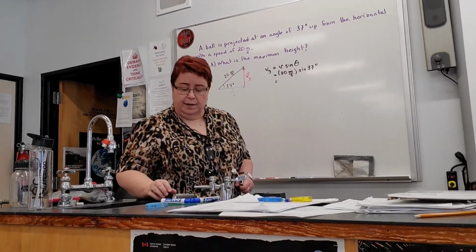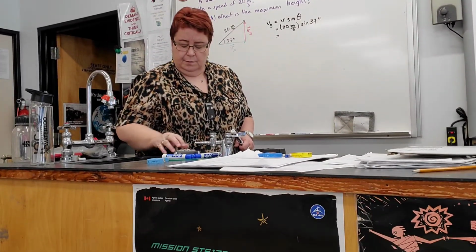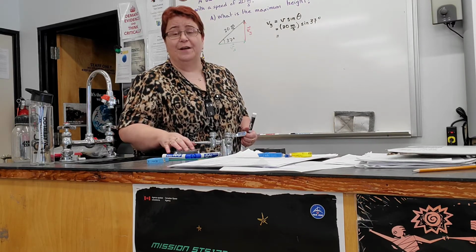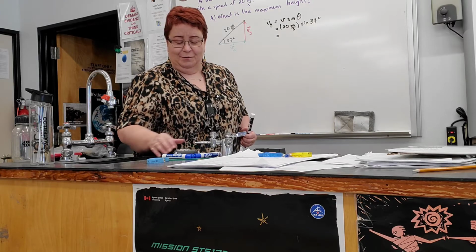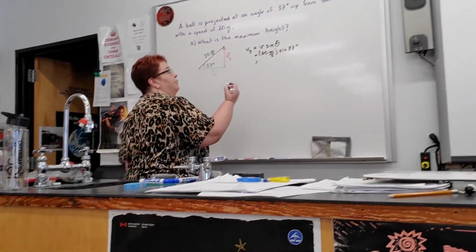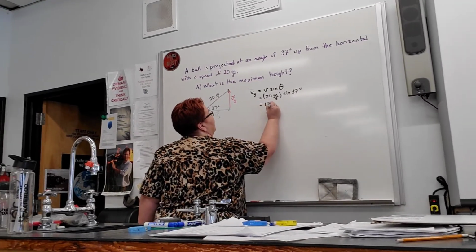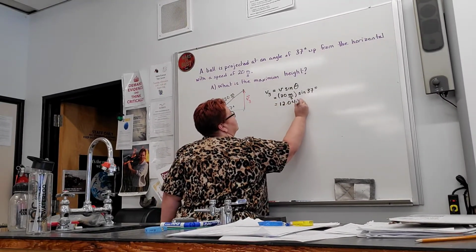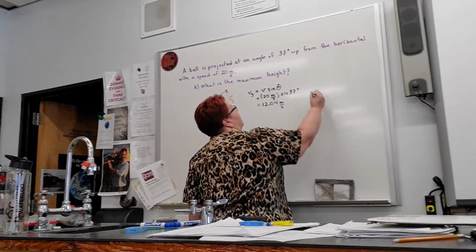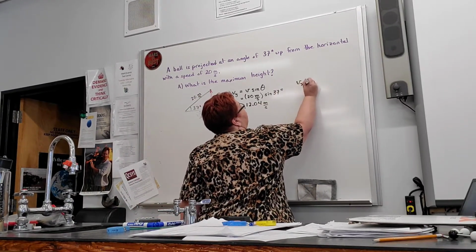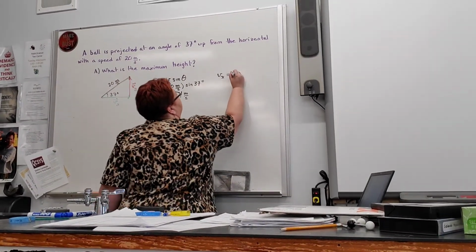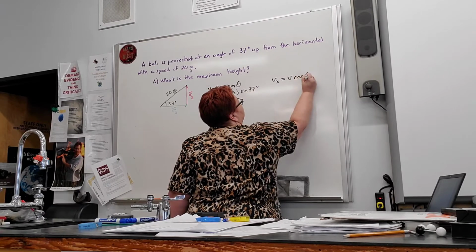and that's going to make it, and make sure you check that you're in degree mode before you do these calculations. We're good. 12.04. I'm going to write down the horizontal, which is given by V cos theta.